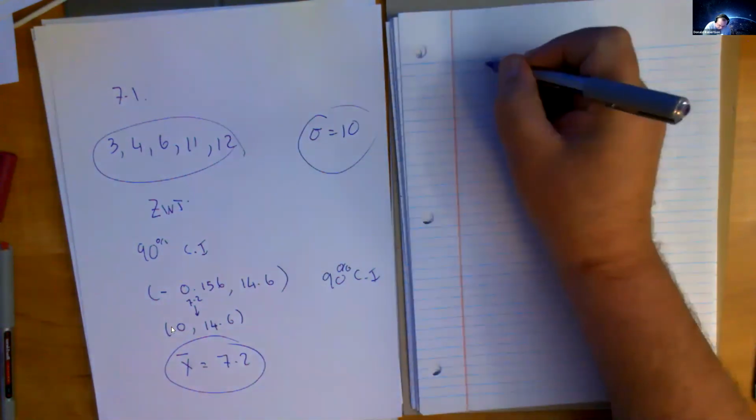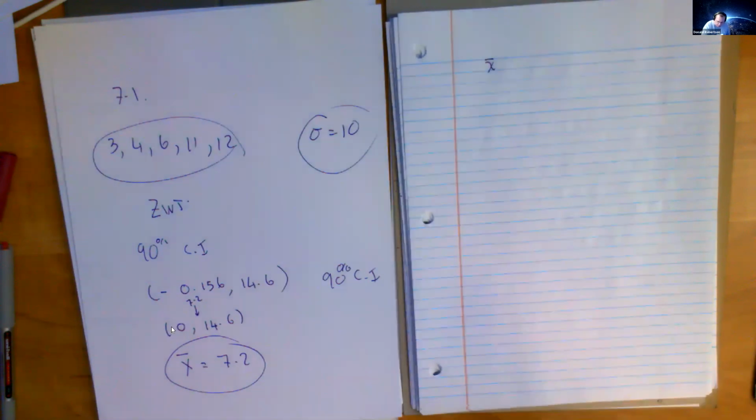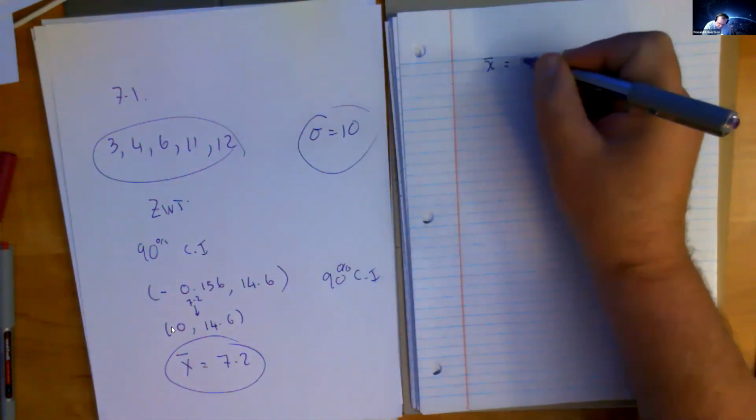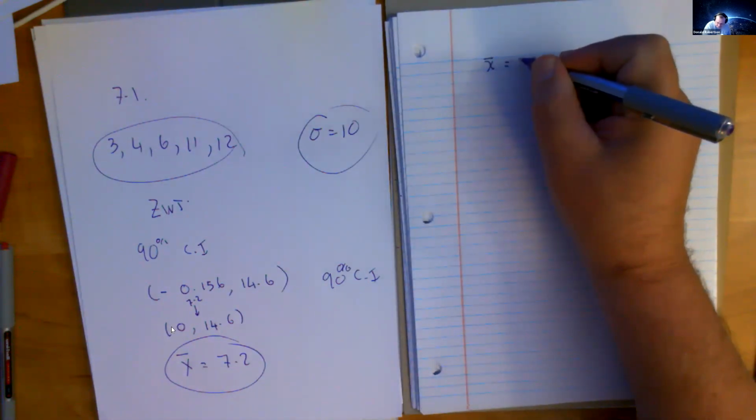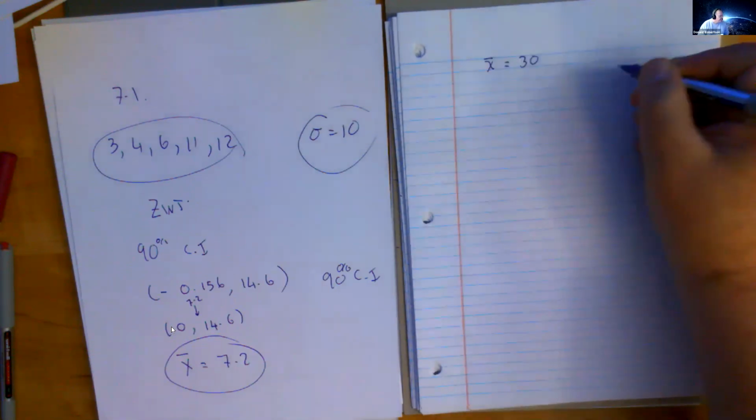Now, the second version of that question would look something like this. You've already calculated the mean age of OC students in your sample, and the average came out as 30, right?